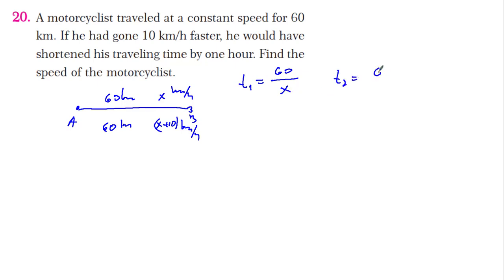T from case 2, well, distance remains the same, but the speed changes by 10. Great. So now it says if he would have increased the speed, then T1, which was with speed x, with lower speed, would be 1 hour more than T2, or T2 is 1 hour less.